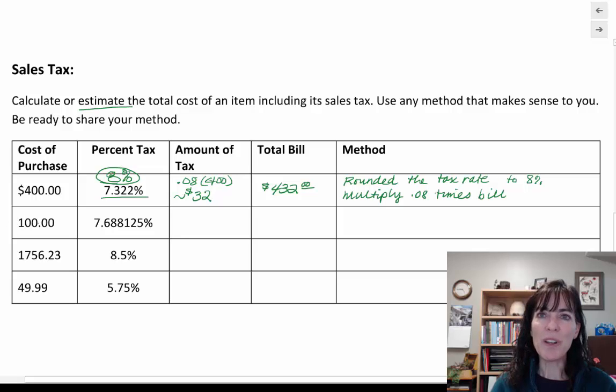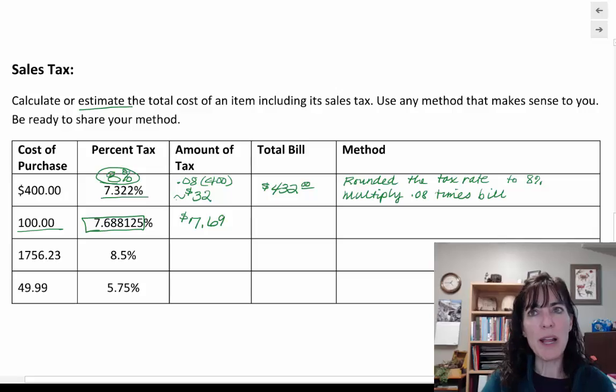It's already per $100, so we could just say, since our bill is exactly $100, this is how many dollars we're going to pay per $100. So in our case, it will be $7.69 for the tax. And so you can reason it out that way, or you can go ahead and multiply.